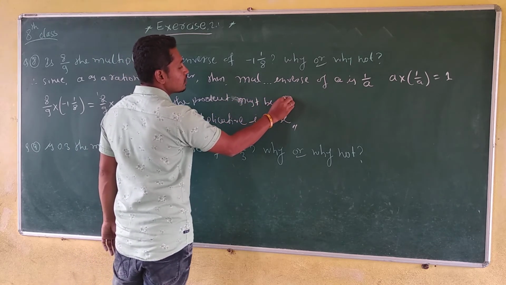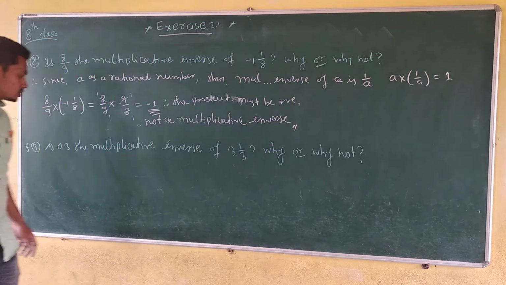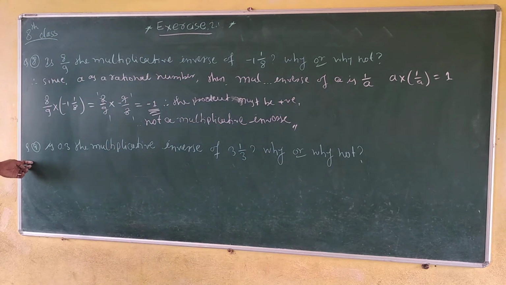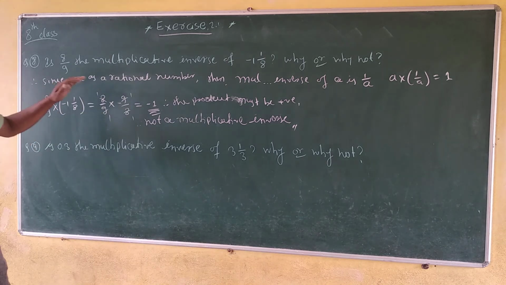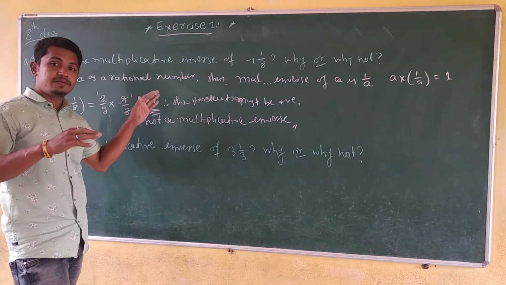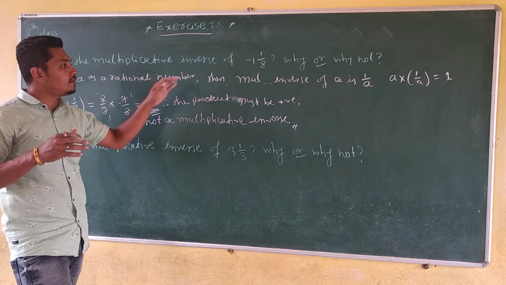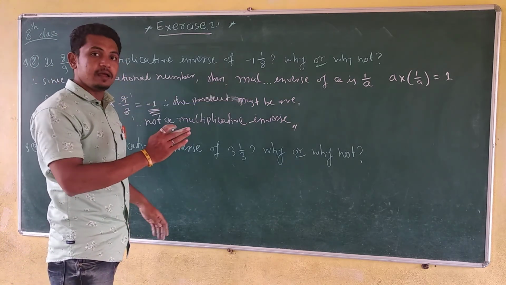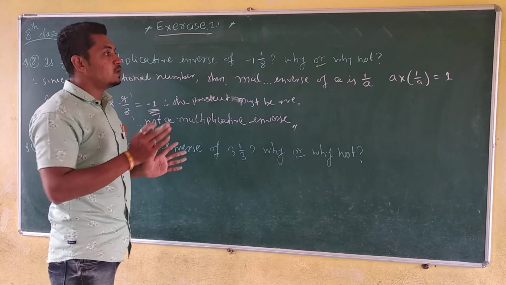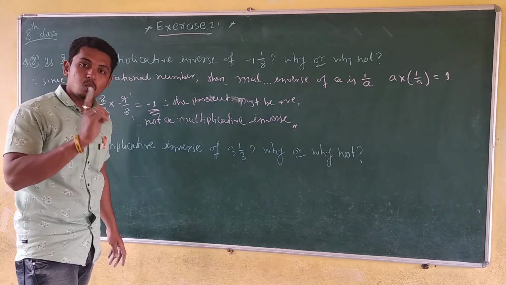Now the ninth question is similar to question 8, just the numbers are changed. If a is a rational number, then the multiplicative inverse of a is 1 divided by a, and the product of a and 1 divided by a must be 1.